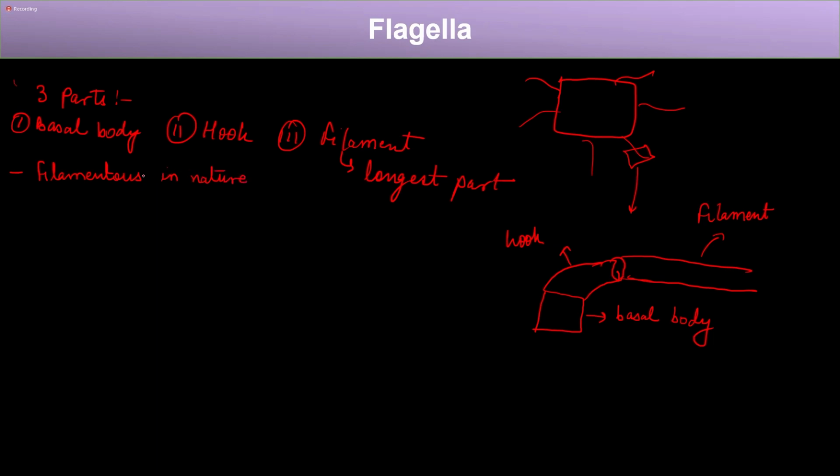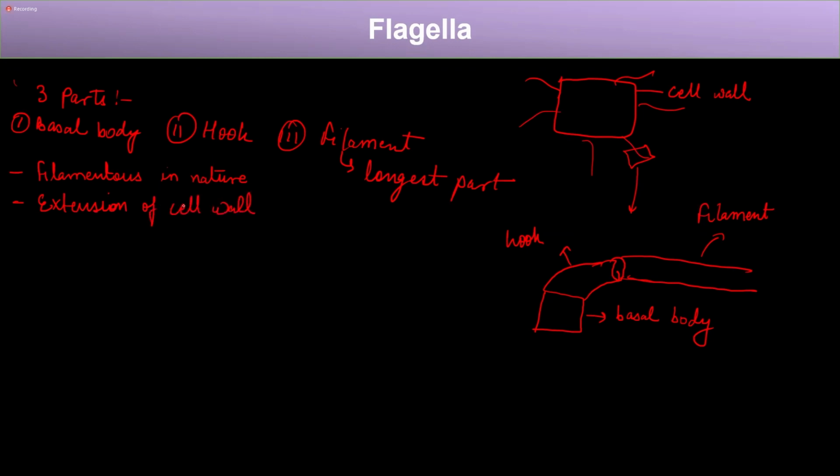The second thing you can say about flagella is that it is an extension that comes from the cell wall. This is the cell wall, and the flagella comes out of the cell wall, hence it is called an extension of the cell wall.